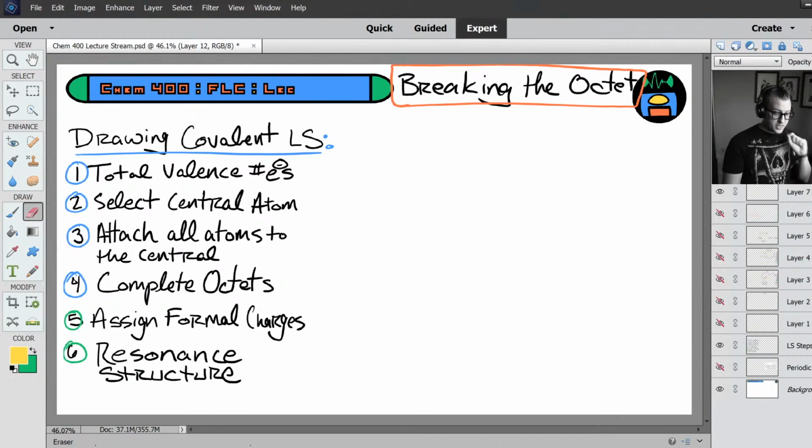So where this will affect how you draw Lewis structures will come into play right here when you're selecting a central atom.